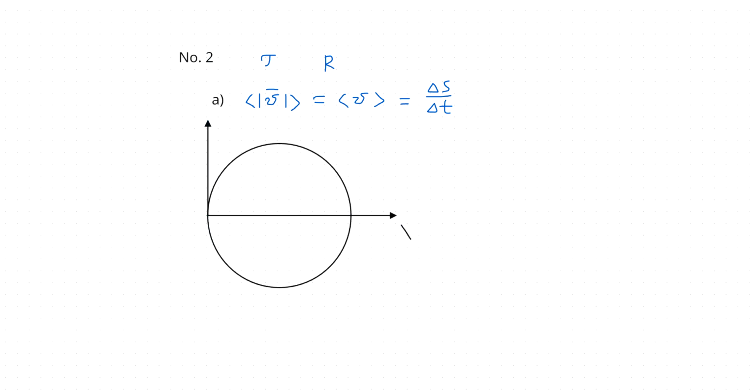So x axis, y axis, origin O, and the trajectory is half of a circle.